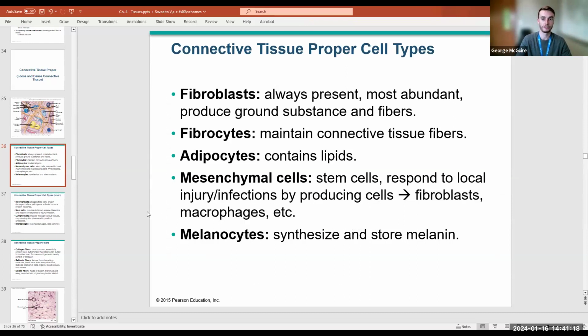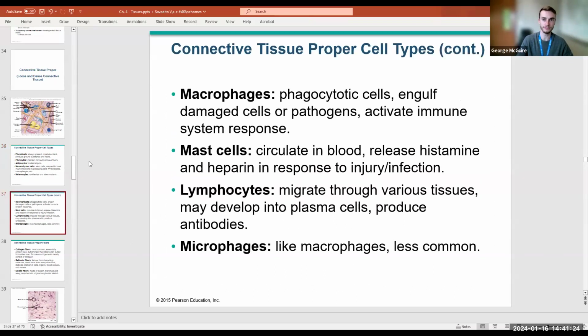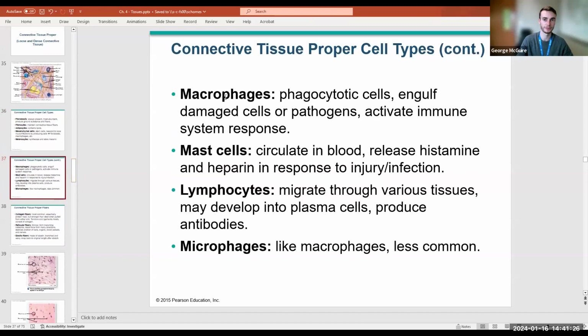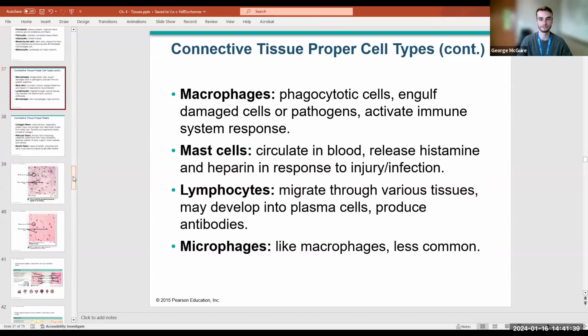Again, we have cytes here for a mature cell responsible for synthesizing and storing the protein melanin. Just talked about phages. Again, phages are going to be destroying invaders or destroying some cell or protein. And then we'll talk more about specifics of blood cells when we get to that slide.